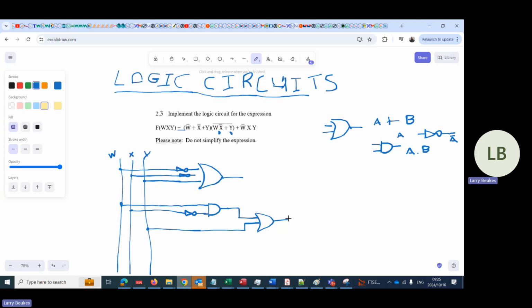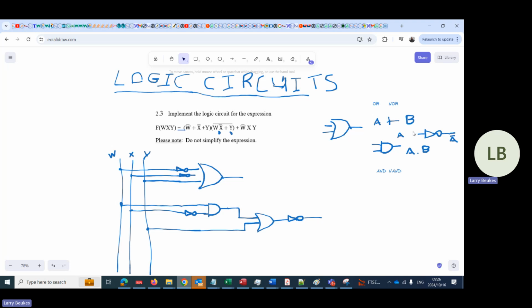So we can use an inverter here. Use an inverter, right? You can also just use a NOR gate here. So the opposite of the OR gate is a NOR, right? And then the opposite of an AND is the NAND, right?